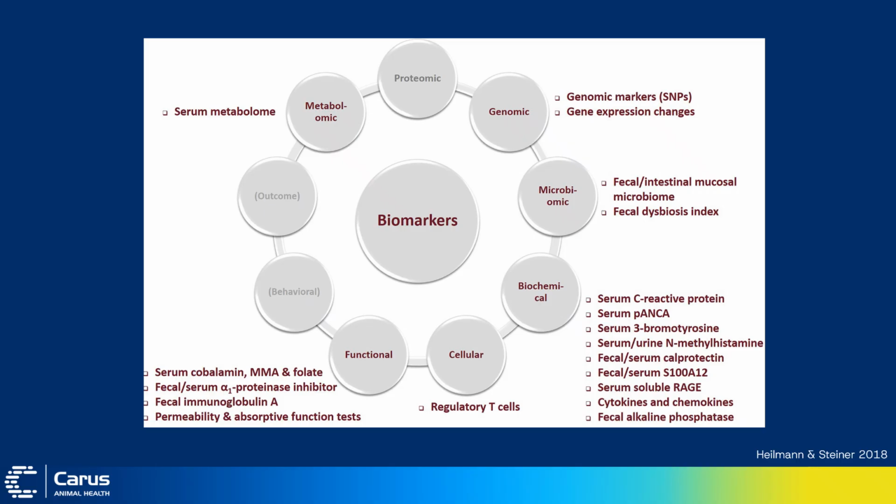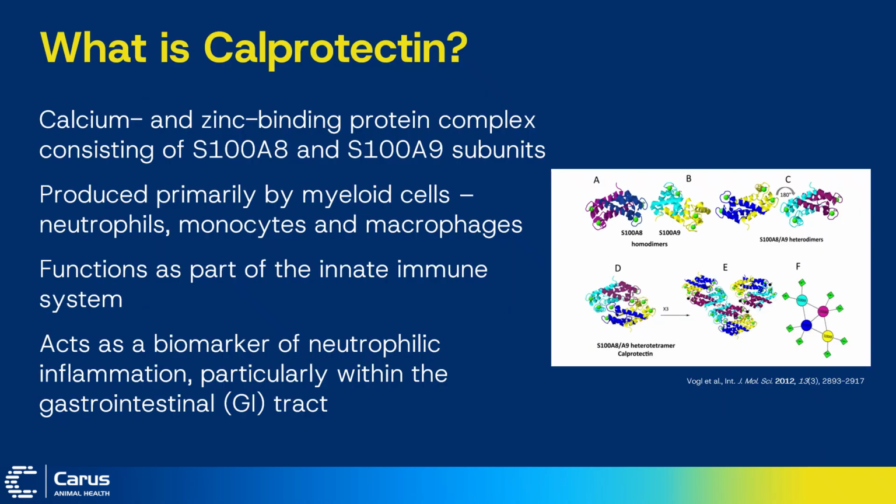Some of these are being used increasingly in practice, and we can see them coming over from that research setting. Today, of that vast array of biomarkers, we're going to focus in on calprotectin specifically.